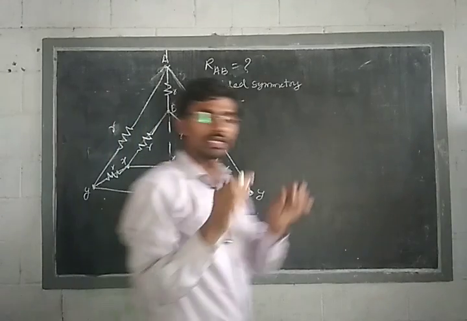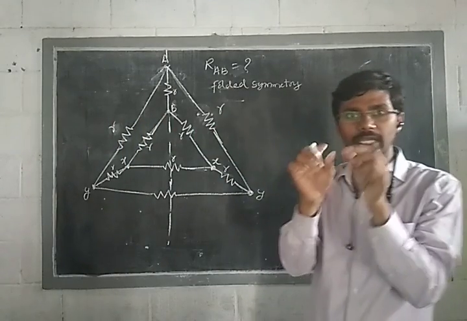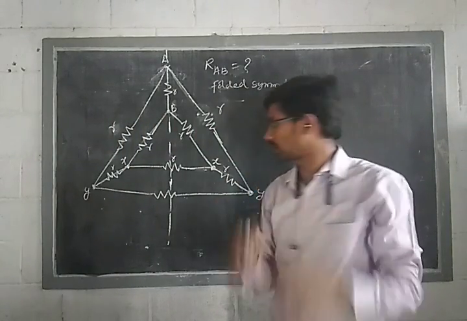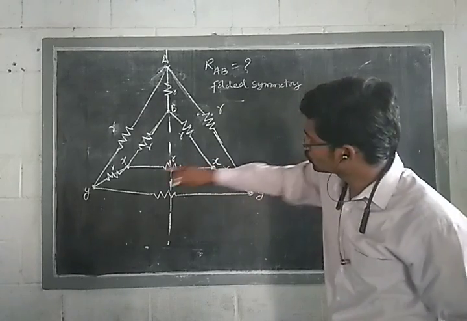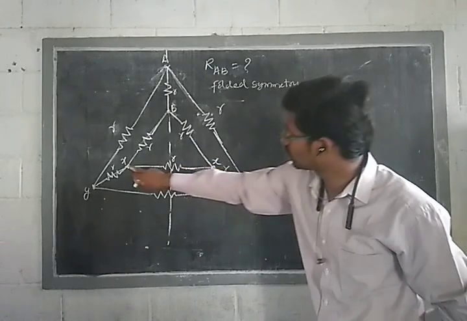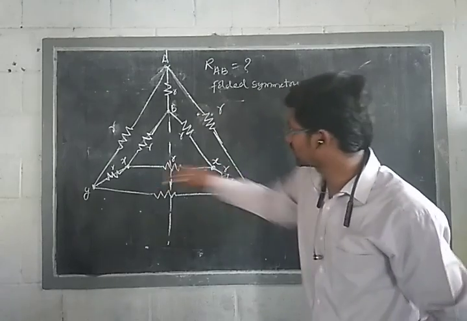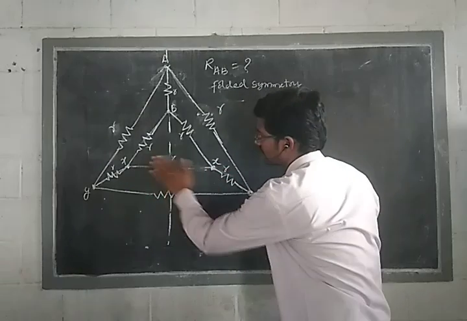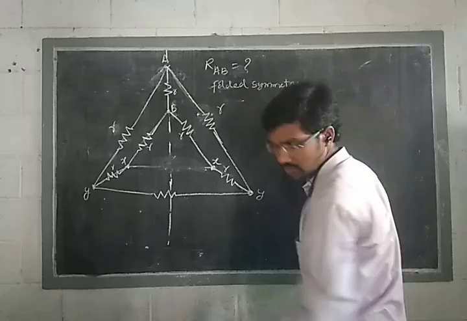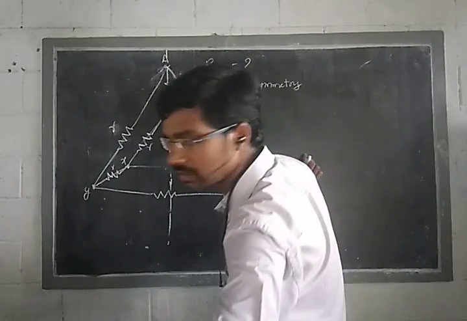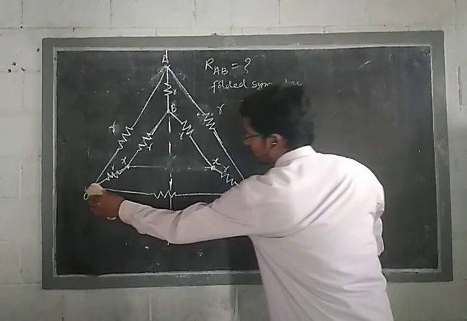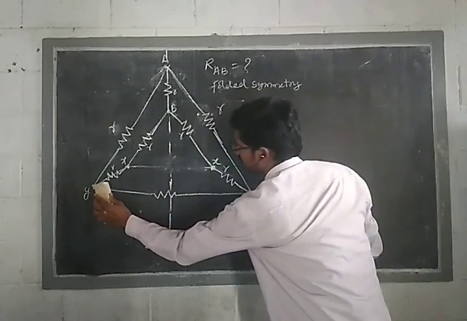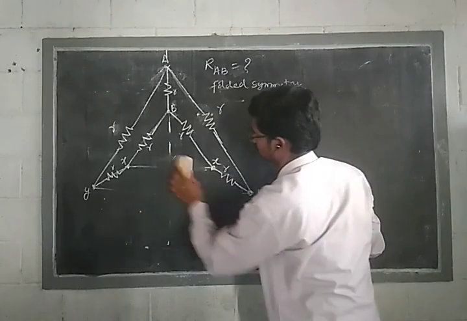Remember, points having the same potential are in parallel. These two, X and X, have the same potential, so the potential difference is 0. Then there is no flow of current across this one. Similarly, here Y, there is no potential difference across this.